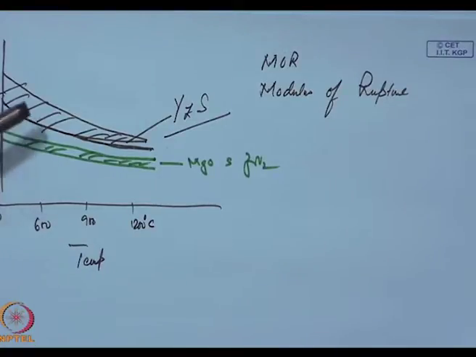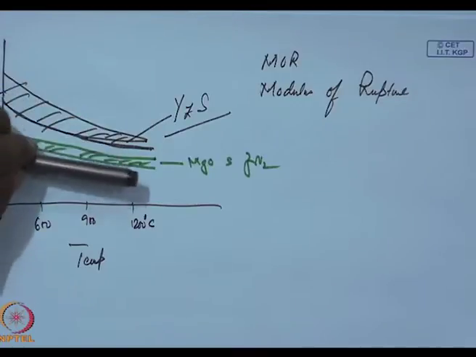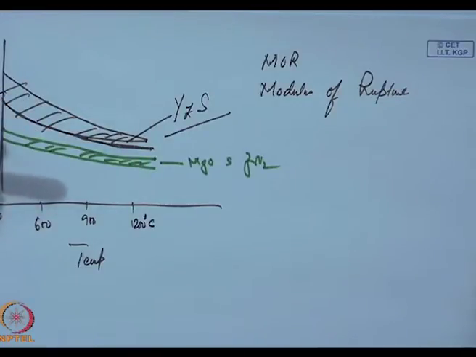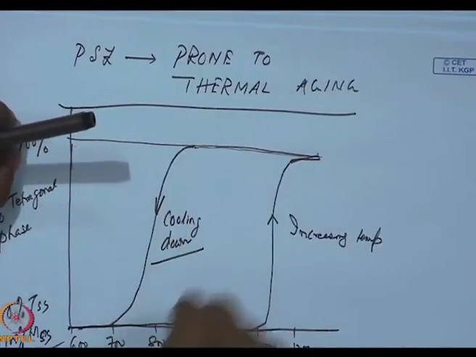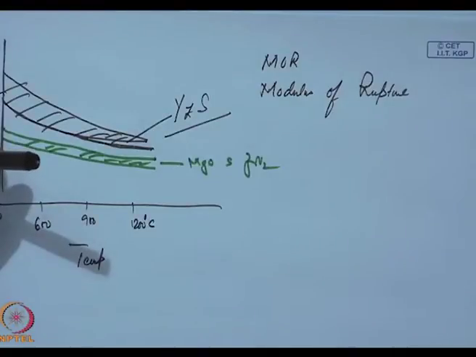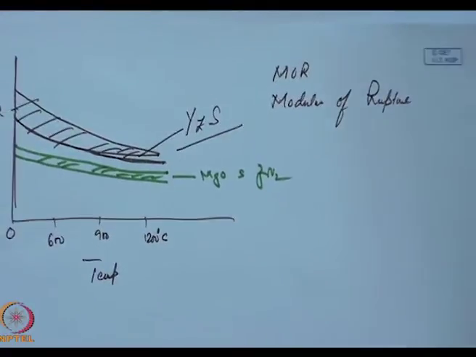It is due to these two reasons over here, because with yttria stabilized zirconia I have got a higher modulus of rupture than magnesia stabilized zirconia. With yttria stabilized zirconia, this hysteresis loop is much smaller, and aging effects of yttria stabilized zirconia are far lower.